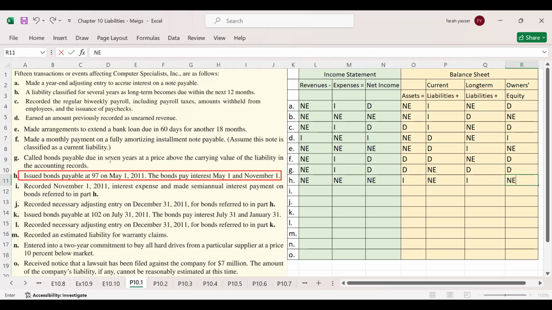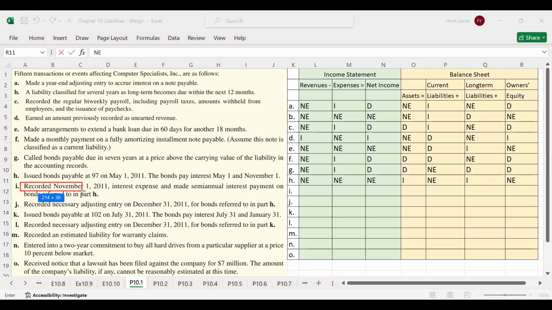The next transaction is the company recorded on November 1st interest expense and made an interest payment on bonds referred to in part H. As we know that in this part H, in the previous transaction, the bonds were issued at a discount. So now, while interest expense is recorded, discount on bonds is also amortized and recorded to the credit side, thus increasing the long-term liabilities.